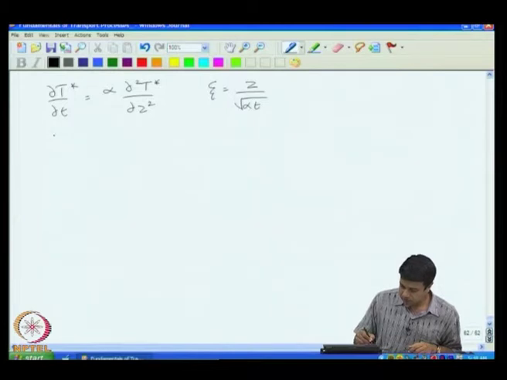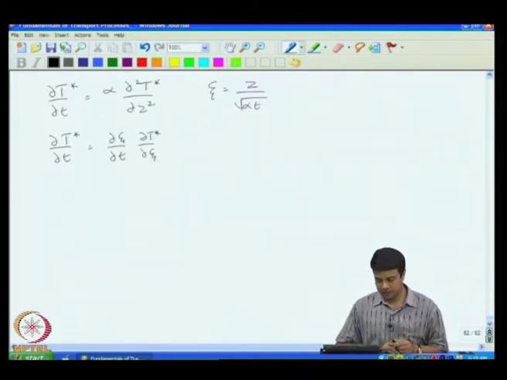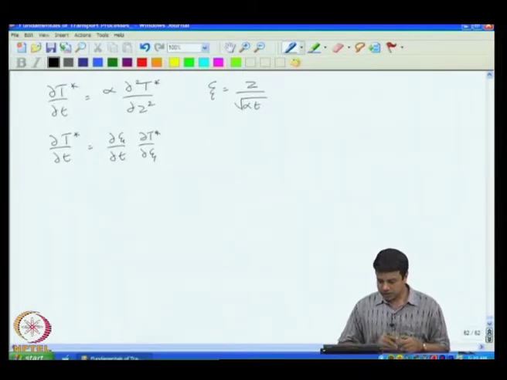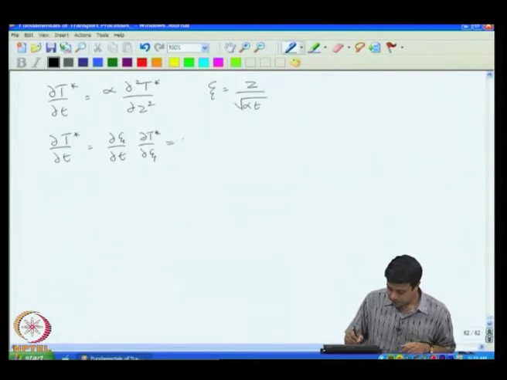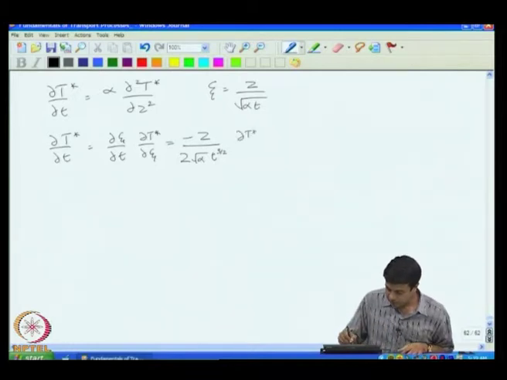So, the derivative with respect to time, partial T star by partial t, is equal to partial psi by partial t times partial T star by partial psi. Chain rule for differentiation. Partial psi by partial t is equal to minus z by 2 root alpha t power 3 halves, times partial T star by partial psi.